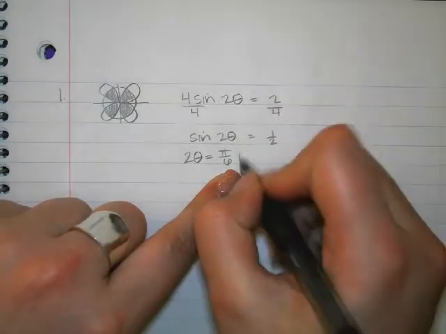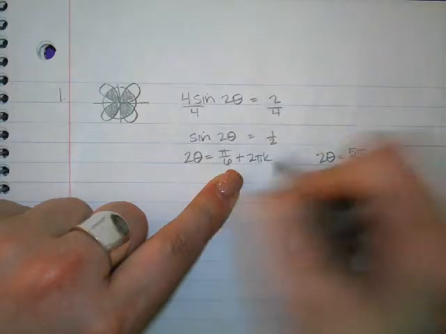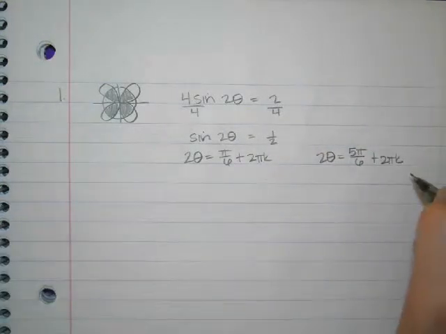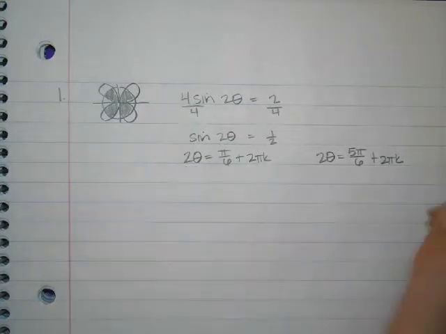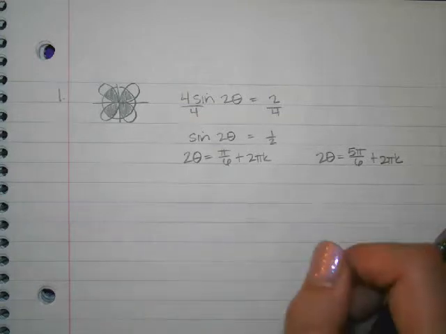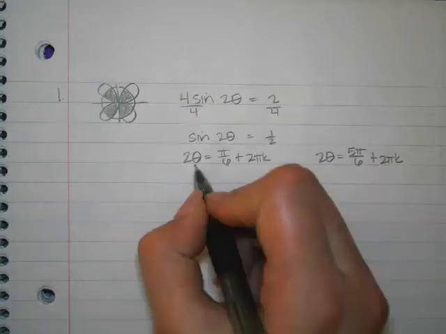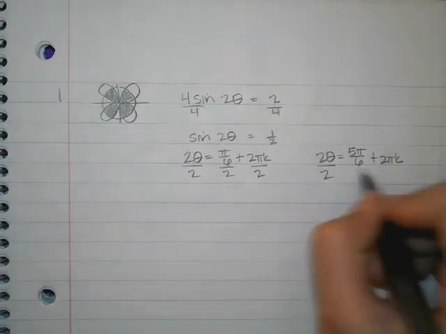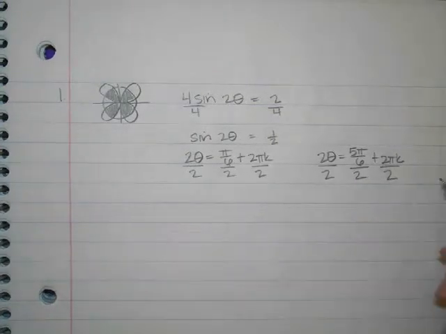Plus 2 pi k. Yeah, don't forget that. Then it'll be as though you never had the 2 in front of the theta. It'll mess up all your answers. Okay, what do we do next? Divide by 2.